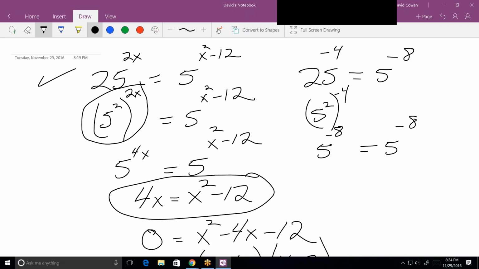Okay. Now, in terms of proving it on your graphing calculator, graph that with y sub 1, and graph that with y sub 2, and they should cross in two different places.